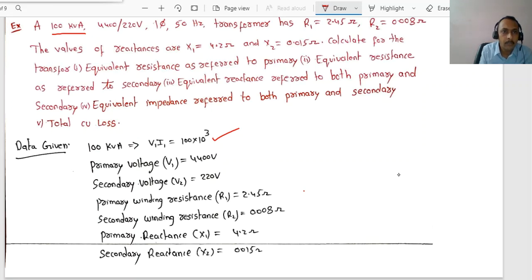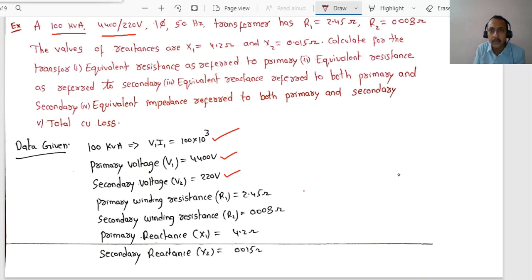Somewhere if you see some representation like this 440 by 220, its meaning is primary voltage V1 equal to 4400 volt and secondary voltage V2 equal to 220 volt. Primary winding resistance R1 is given.